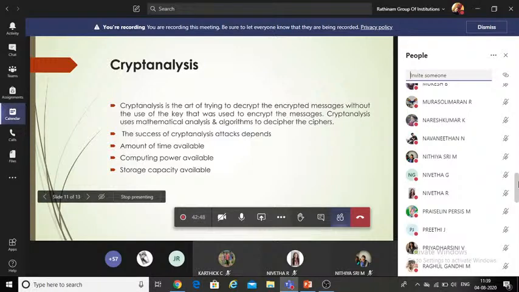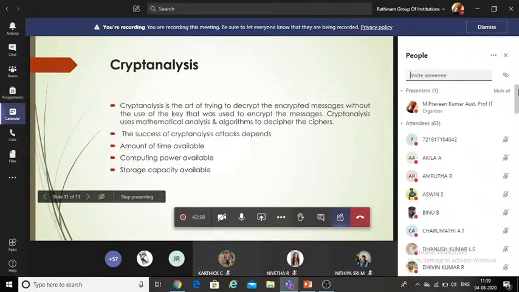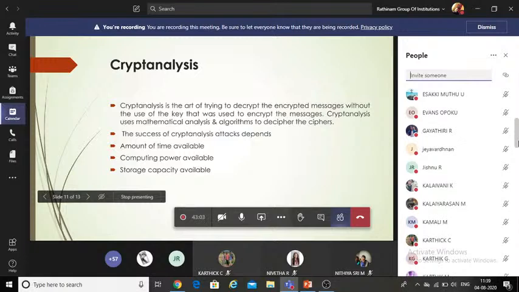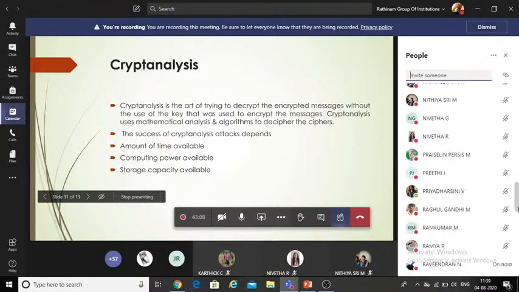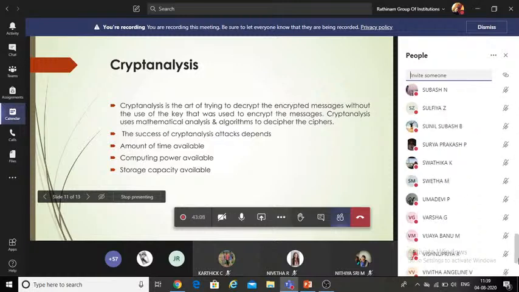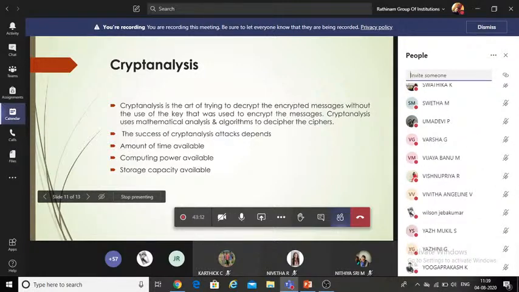What do you mean by a brute force attack? Brute force attack is nothing but trying all possibilities to break your password. If I want to know Yoga Prakash's password, mail ID or mobile pin number, I'll try all the possibilities.